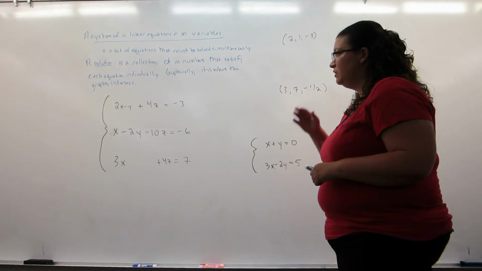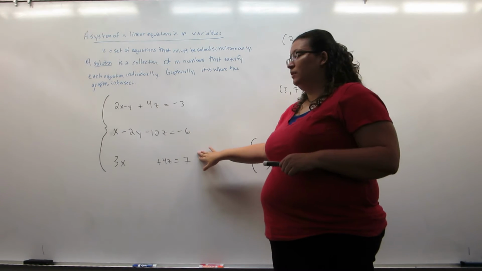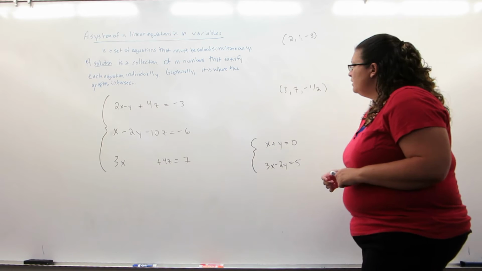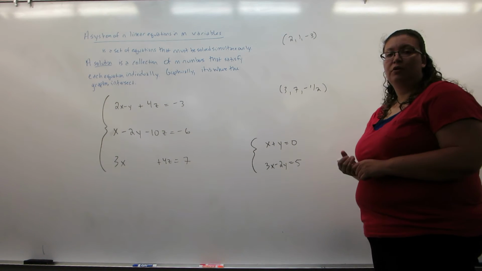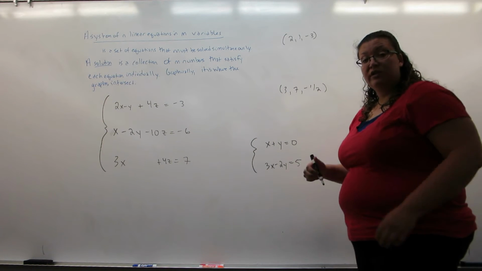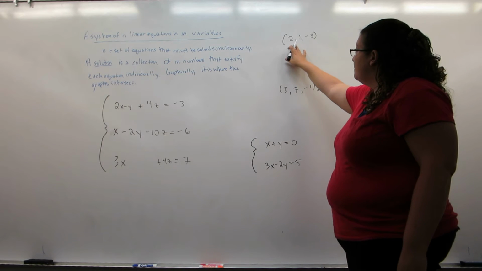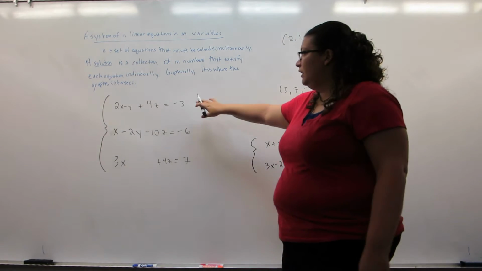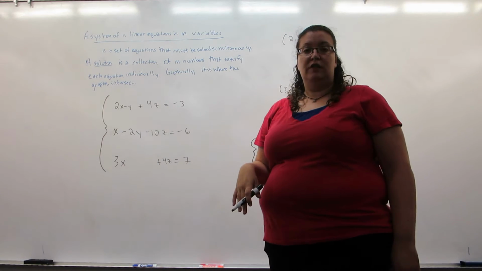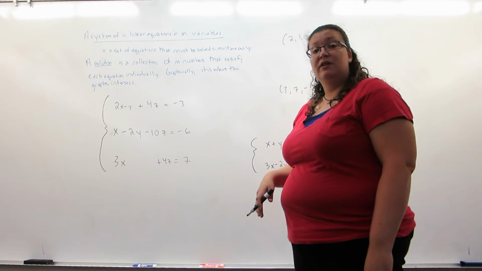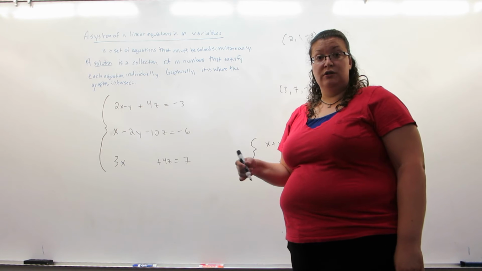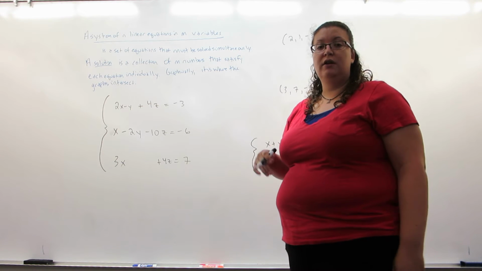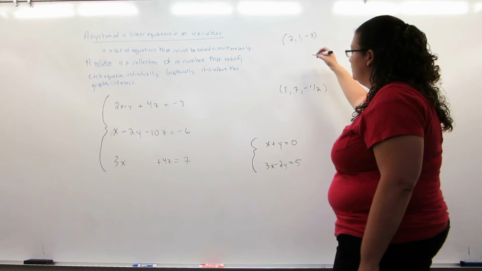So, let's do some examples. This is a system of 3 equations and 3 variables, and we want to see whether either of these 2 points are a solution. So to test if a point is a solution, I'm going to plug x equals 2, y equals 1, and z equals -3 into each of these. To be a solution, it must satisfy all 3 equations. So as soon as we get that it doesn't satisfy an equation, we immediately know that it is not a solution to the system.